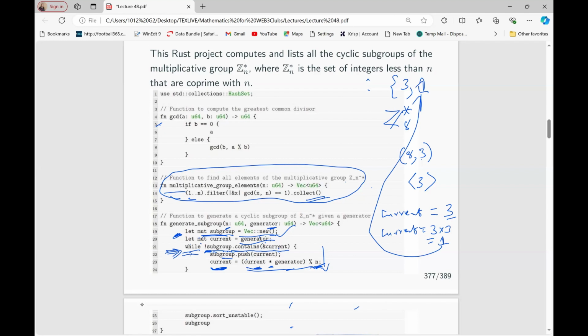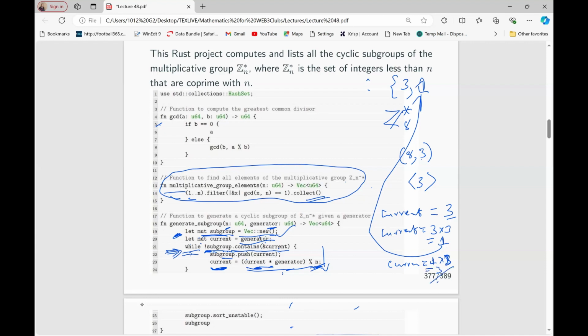After pushing it there, we come up with another current. Now current is the old current times the generator. Generator is 3. The answer you get there is 3. Divided by 8, the remainder again will be 3.